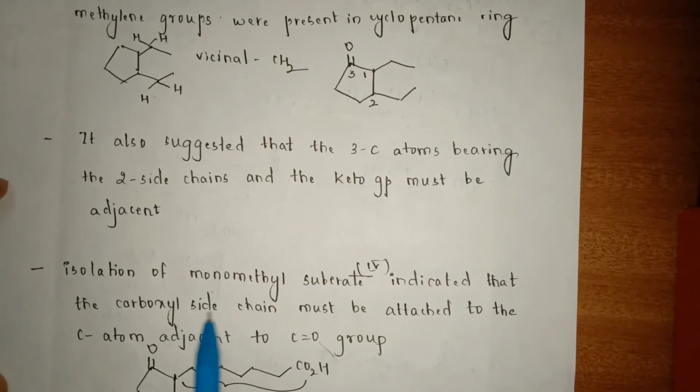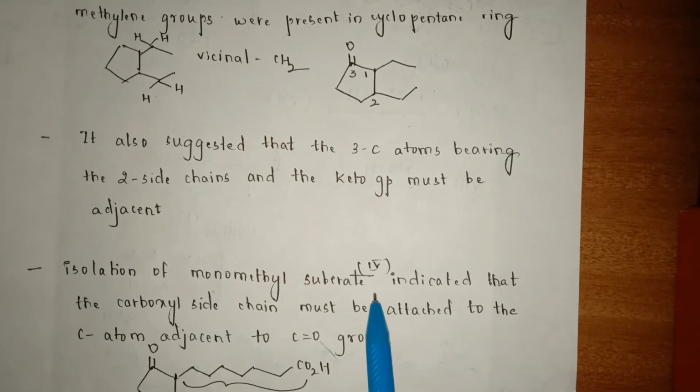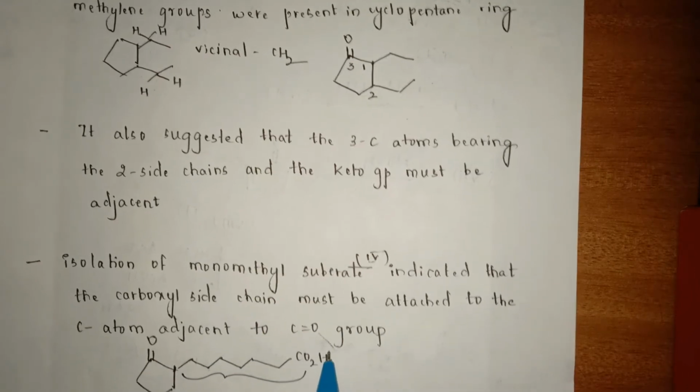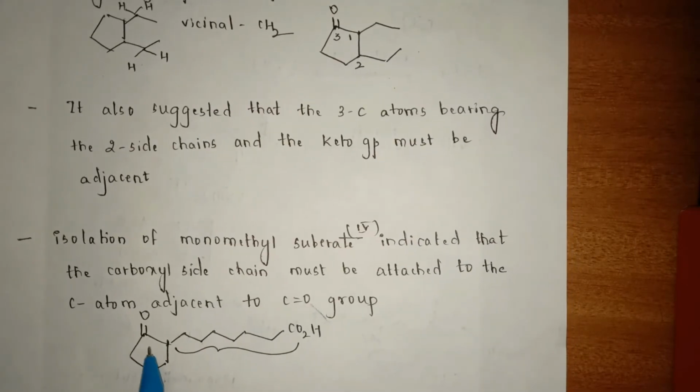The next is the isolation of monomethyl suberate, which indicated that the carboxylic side chain must be attached to the carbon atom adjacent to the carbonyl group. So the carboxylic group and the carbonyl carbon must be on the same long chain system. This was established by the isolation of monomethyl suberate.